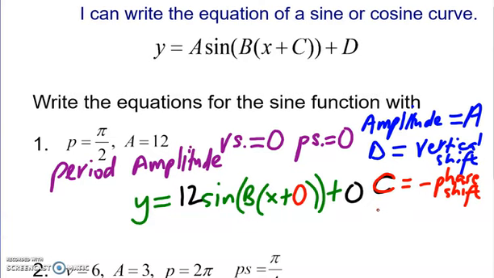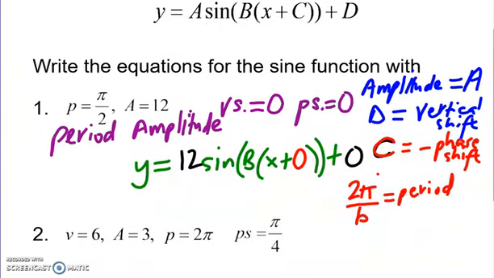Remember, to figure out what b was, we took 2 pi and divided it by b, and that gave us the period. Or if we were dealing with degrees, then we took 360 degrees and divided it by b, and that gave us the period.